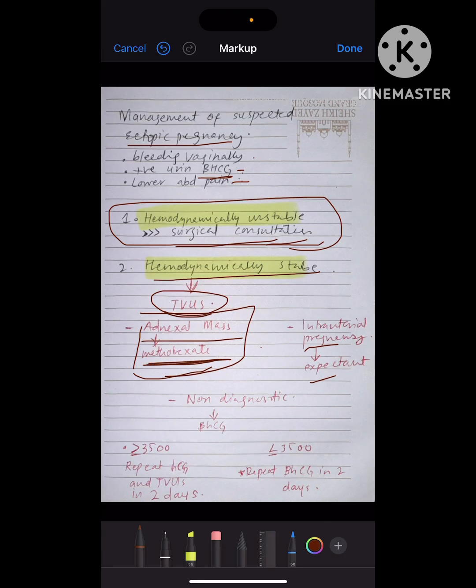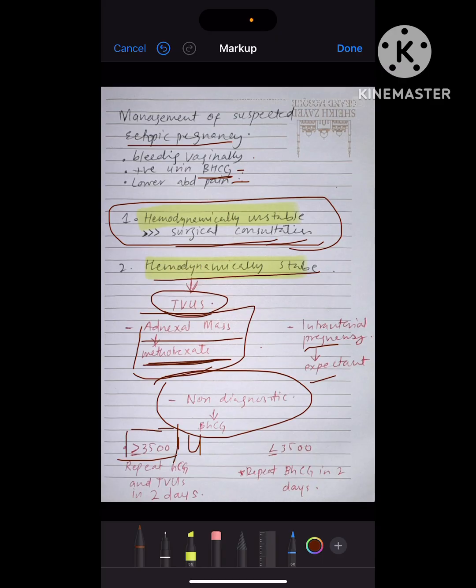But in the case where it is non-diagnostic, what you do is look at the beta HCG levels. Okay, so if the beta HCG level at this point in pregnancy is more than 3500 international units, then at the next consultation, which is after 2 days, you repeat the beta HCG and transvaginal ultrasound, because if it's more than 3500, then it is past the time.